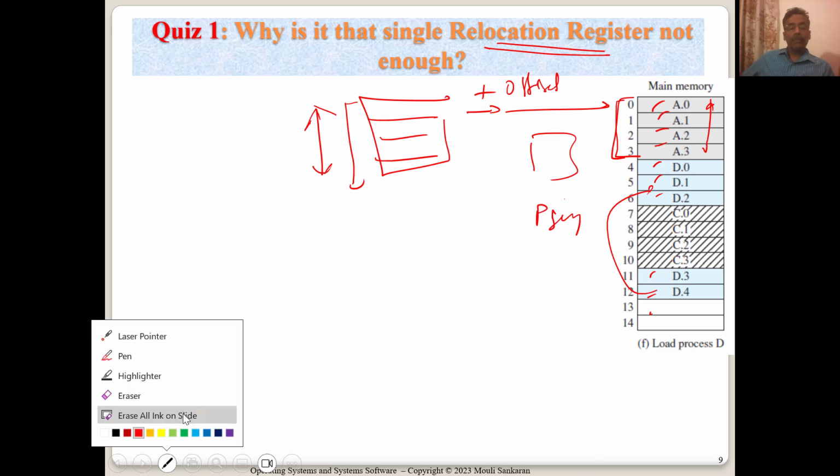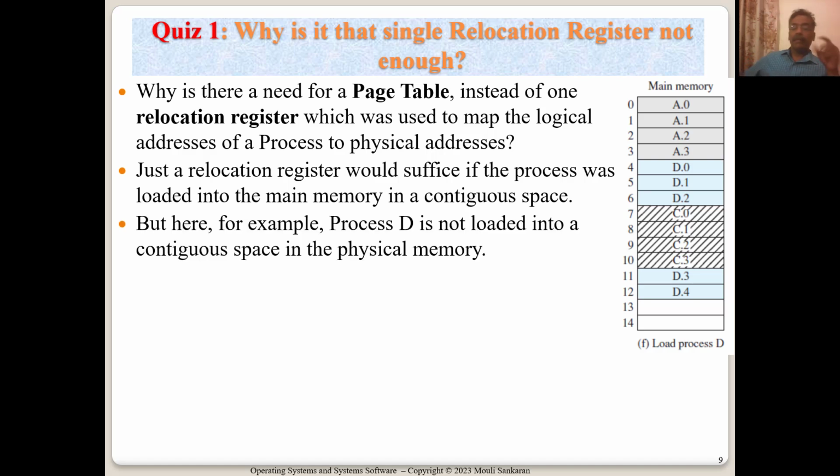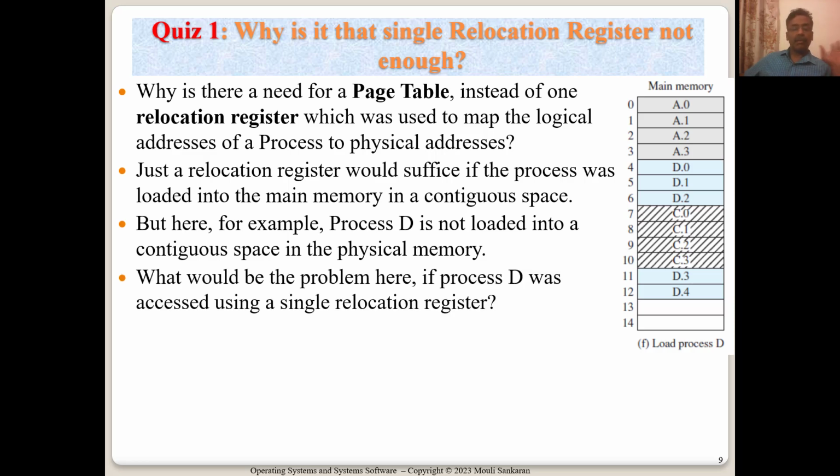So that's very obvious. And if you read through that, the page table gives you freedom to translate each page specifically into some other location in the main memory. Whereas in process D they are not in contiguous space, so a simple relocation register will not do the job.